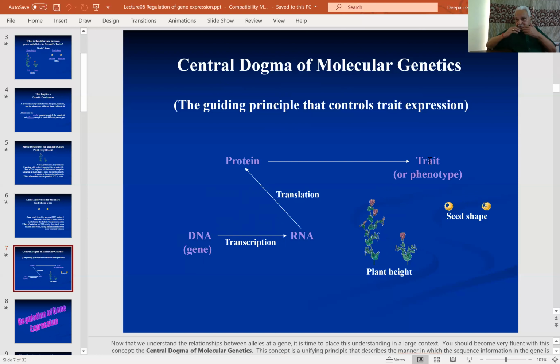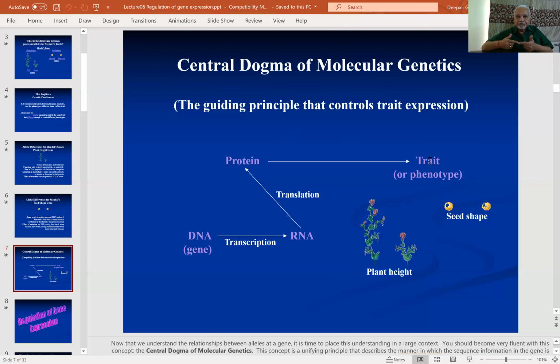Okay, now if the genes are responsible for the genetic variation and all the traits which an individual organism has, then how coordinatedly do these genes take care of this variation without losing their identity?